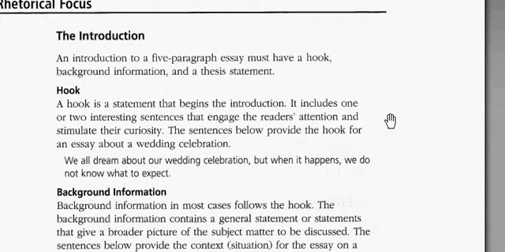Hooks are saying something clever or cute or somehow interesting. Often hooks are very emotional. Your essay is probably not going to be very emotional, but a hook will be something that will make me feel attracted to your topic in an emotional way.